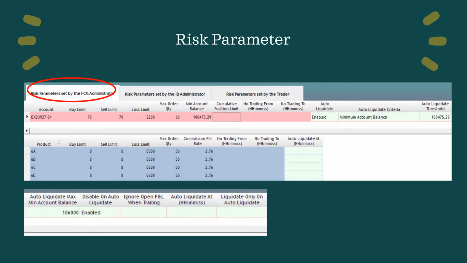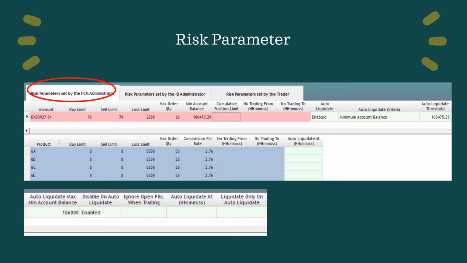If you see here, there are three sections. The first one is the risk parameters set by the FCM administrator, which is Rithmic, and in other words, Linux in this case. The other one is the risk parameters set by the IB administrator. And the third one is the risk parameters set by the trader.